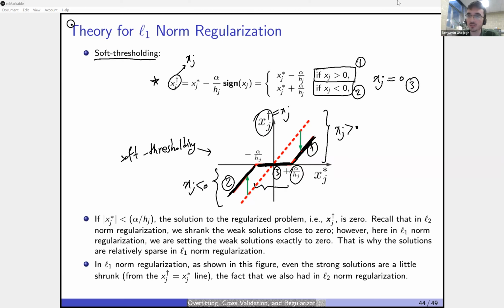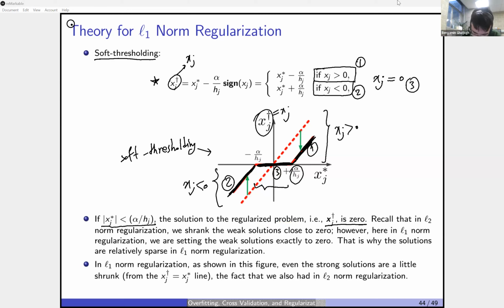So this is the difference between L2 norm and L1 norm. Even in the parts which are not exactly 0, it penalizes and makes them smaller. But in some region, it makes them exactly 0.